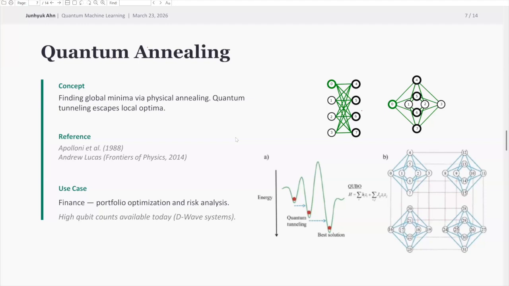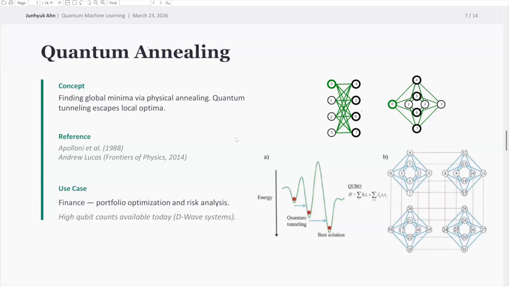Then we select that iteration and go on and on. Quantum annealing is used to solve QUBO problems and is widely applied in industry. For example, finance, portfolio optimization, and risk analysis. And as we'll see in a later example, there are also use cases in traffic analysis. D-Wave Systems provides quantum annealing methods.